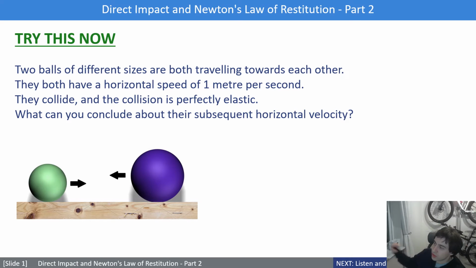So later on in the chapter, we will start to talk about these kinds of situations, I think. But for the time being, we need to assume that when objects collide, not only is the E equal to 1, but their point of contact is also horizontal.